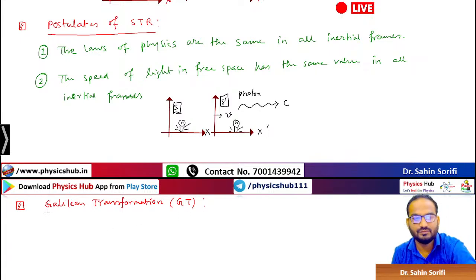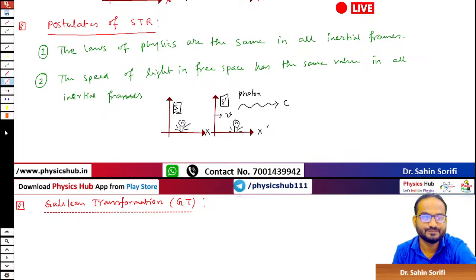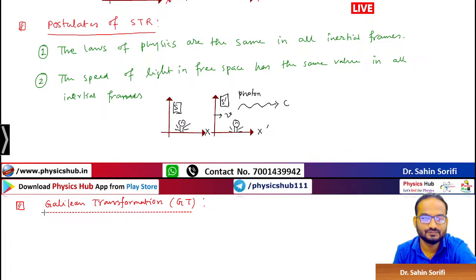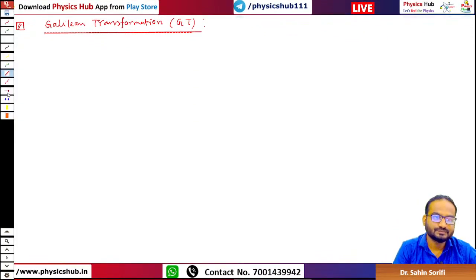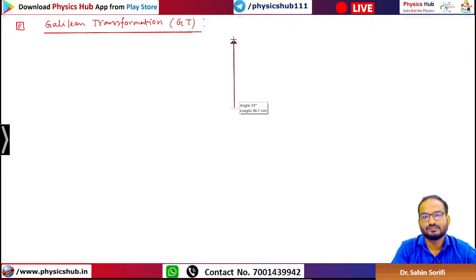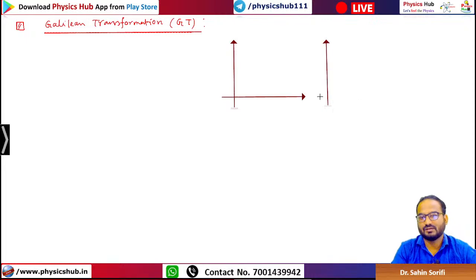So what do we do in Galilean transformation? As usual, we will take two inertial frames. This one we will draw many times, almost in all the cases we need to draw this.